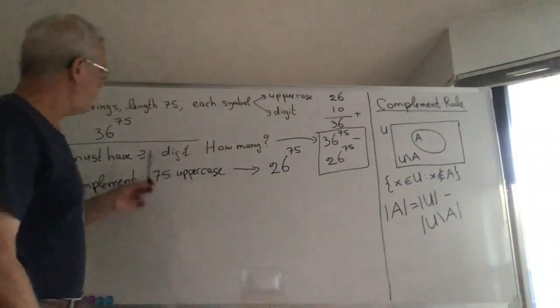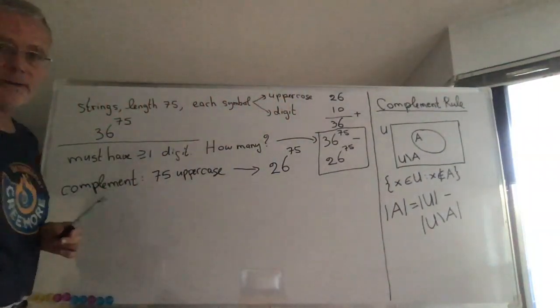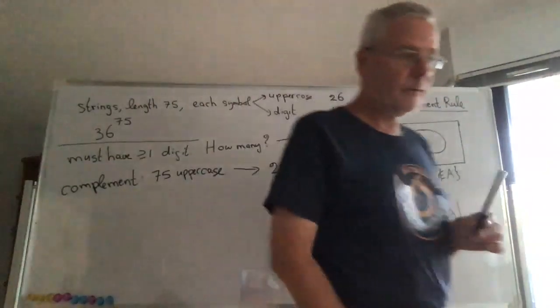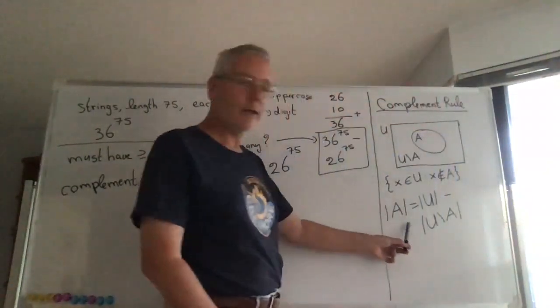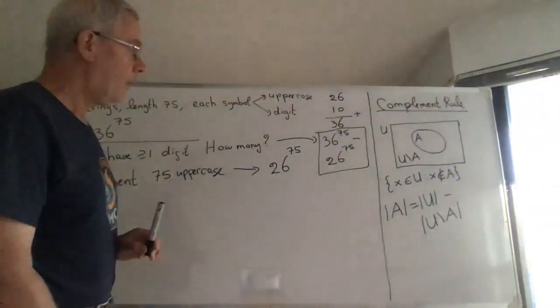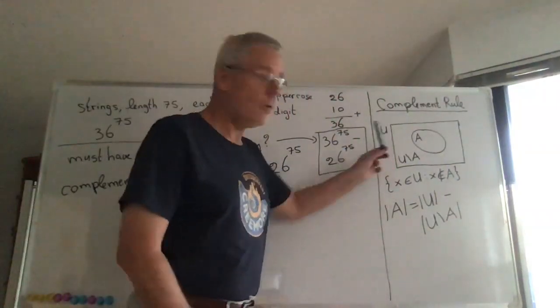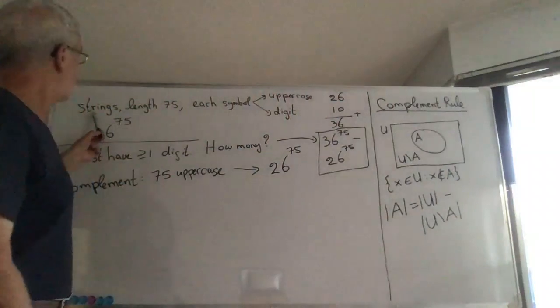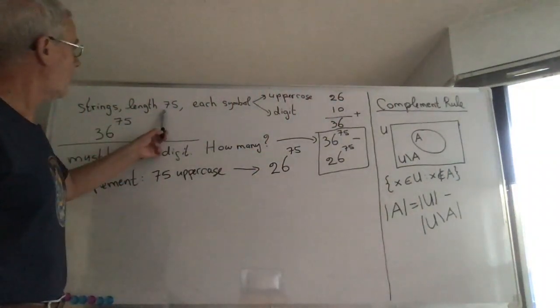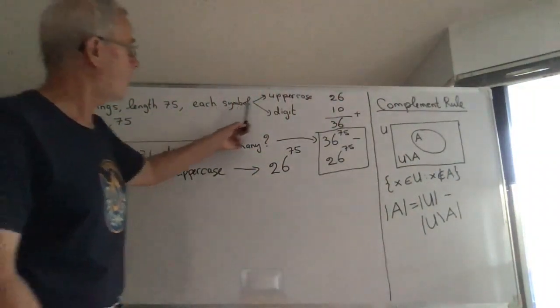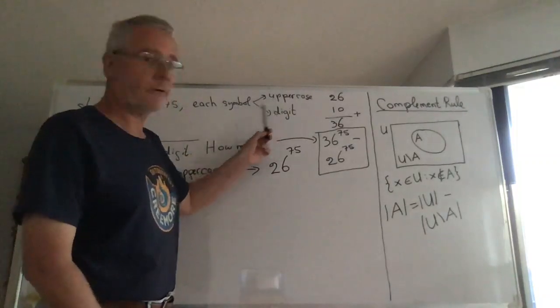And when we were counting strings of length 75 that have at least one digit, we were using this rule. If we go back here, the set U is the set of all strings of length 75, where every symbol is an uppercase letter or a digit.